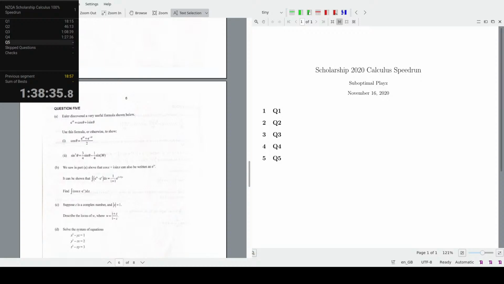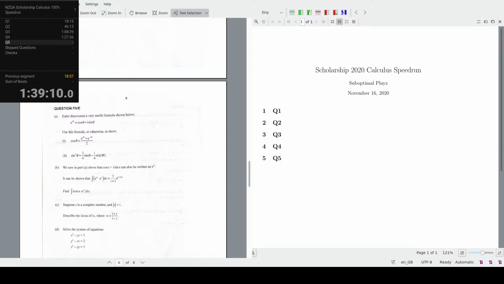Alright, pro stuff. I hope you weren't supposed to do something like massive brain for that. So 5C, z is on the unit circle.